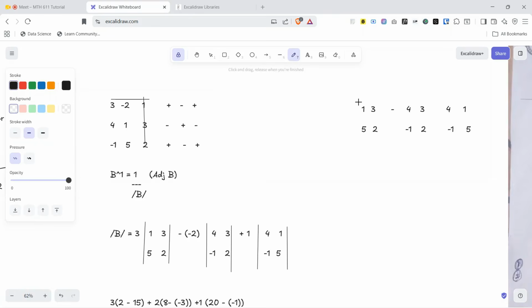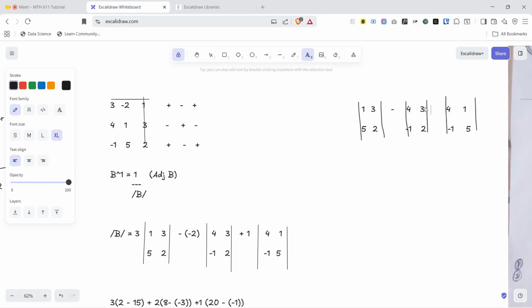So this is the first one, and this is plus. In calculating this, we would have 2 minus 15.